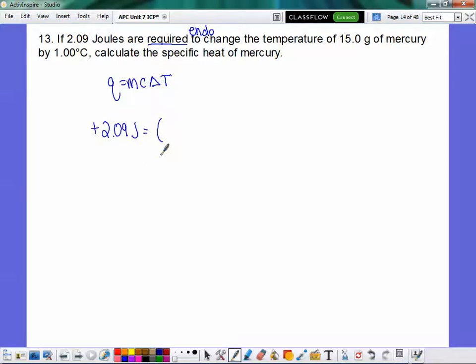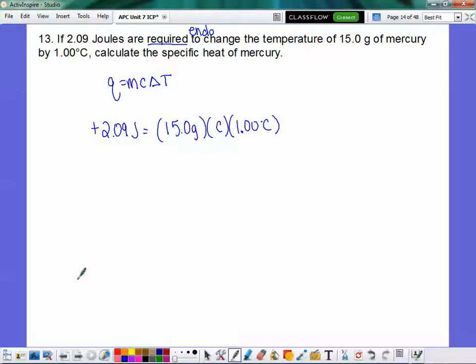M is what? 15.0 grams. C is what we're solving for. And while I don't have the final and initial temperatures, I know that it's changing by how much? 1 degree. I know my delta T, and I know that that's going to be positive because energy was required. If it was released, then delta T would have had to be negative, and my Q would have been negative.